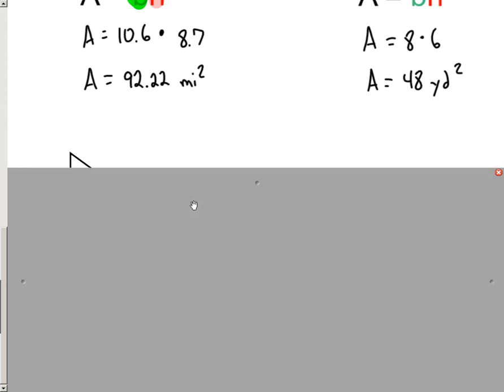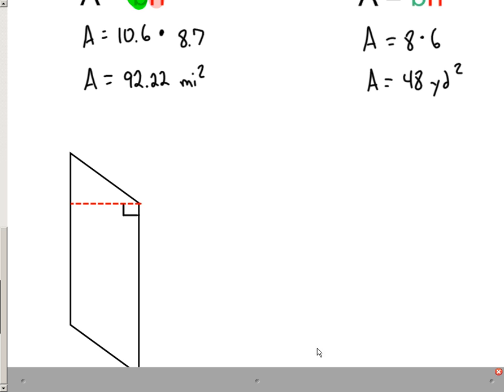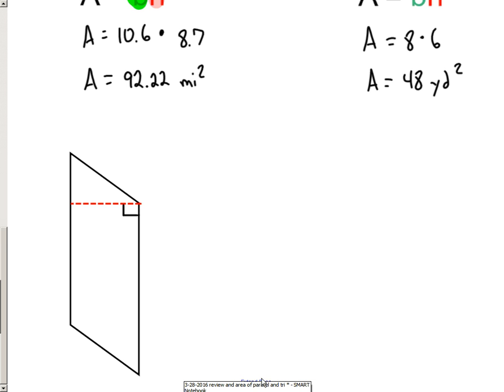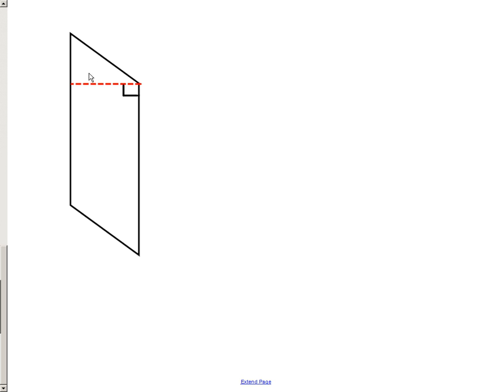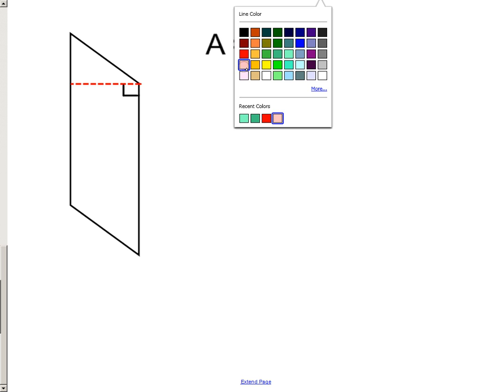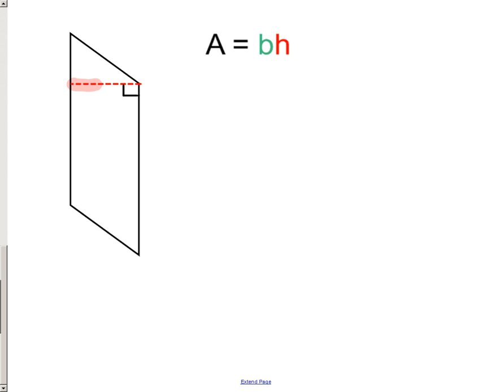Last parallelogram that I wanted to show you real quick is what happens if they actually tilt the whole parallelogram to where suddenly this height line is horizontal. Well, it's not a huge issue because we already know that the height is going to be shown at 90 degrees. So here's our height.